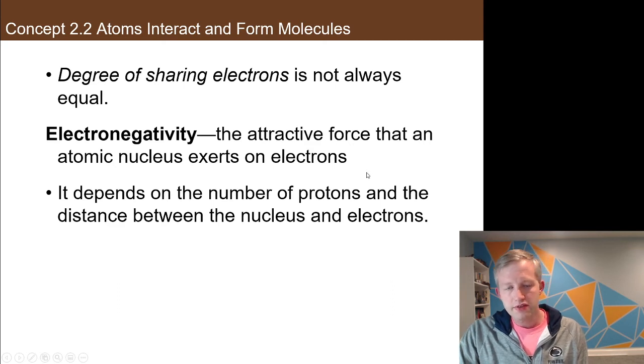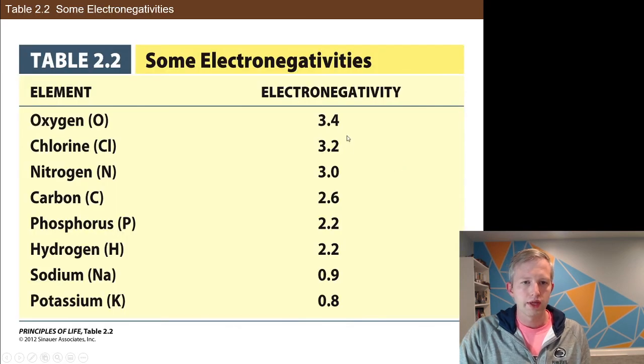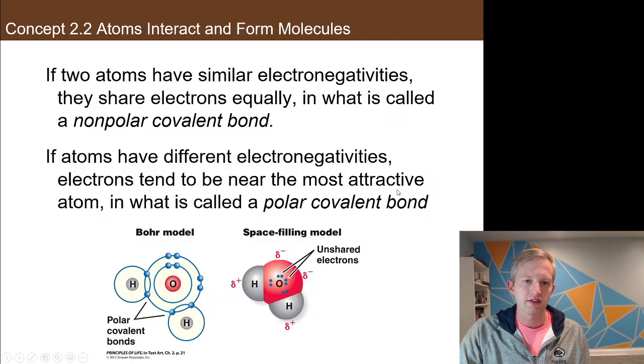The electronegativity, we'll talk more about energy and how it relates, but electronegativity is that attractive force that atoms exert on their electrons. That's why when we look at water, we see that oxygen has a much higher electronegativity compared to hydrogen, which is why the electrons tend to stack on the oxygen side of the atom.